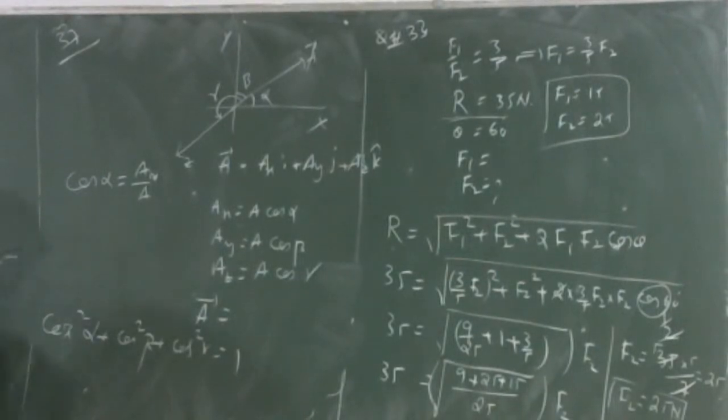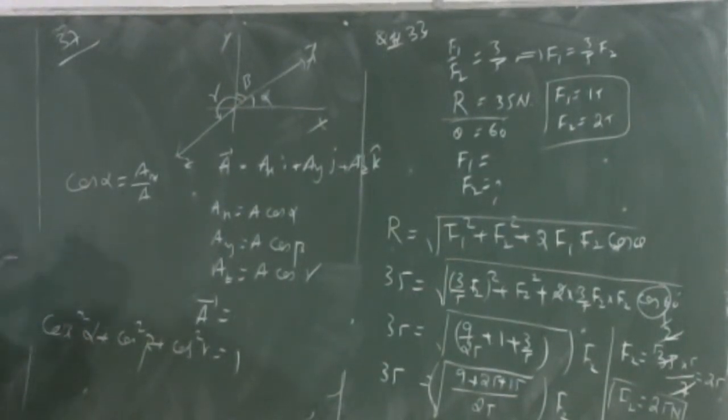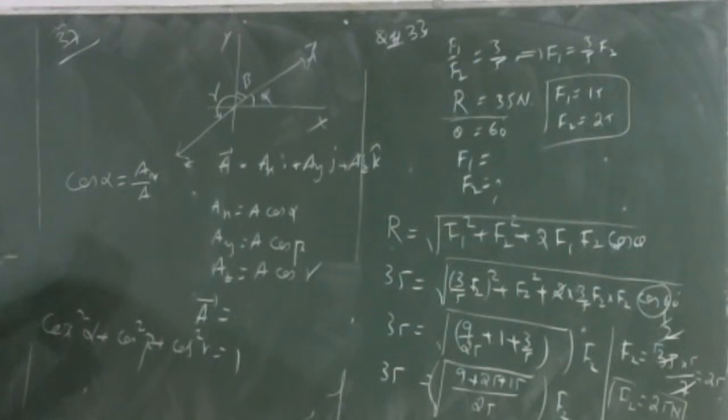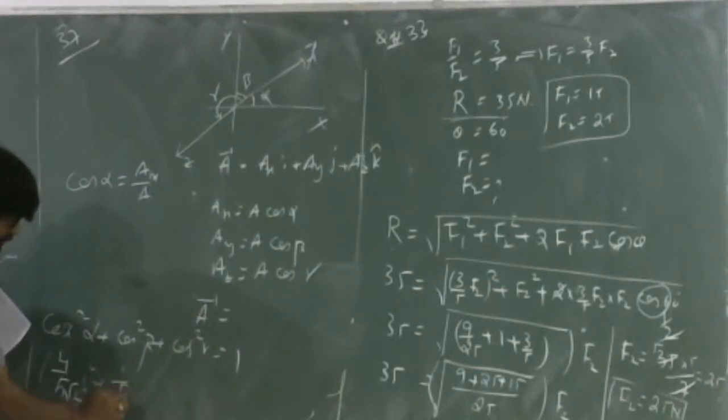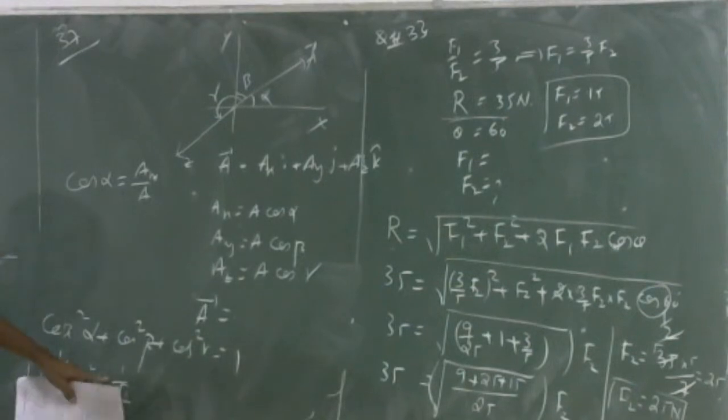From this, we know cos alpha is x by A, its value is given as 4/(5 root 2), plus cos beta is 1/root 2. Just for an idea, don't copy it.